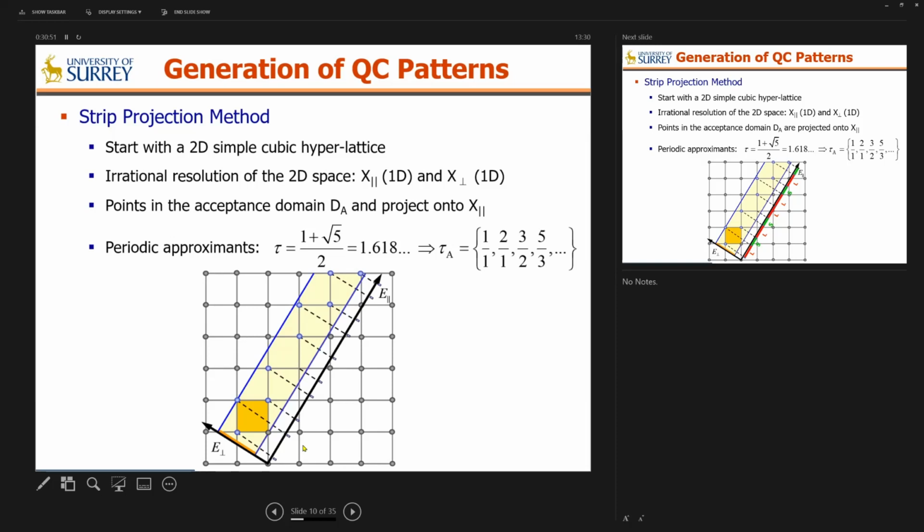Very good. In the case of the Penrose lattice, this irrational number is related to this tau written here, (1 plus square root of 5) divided by 2, the famous golden ratio. So once we have this irrational direction, in the perpendicular direction, I'm using a unit cell. So this square, you see it?